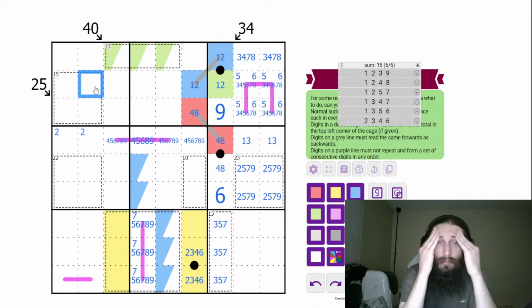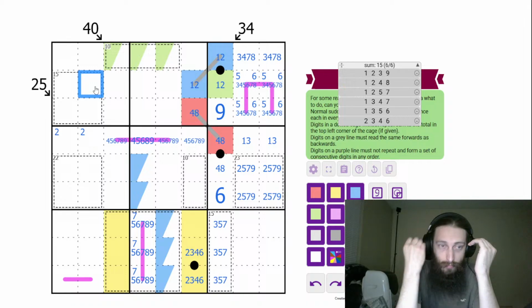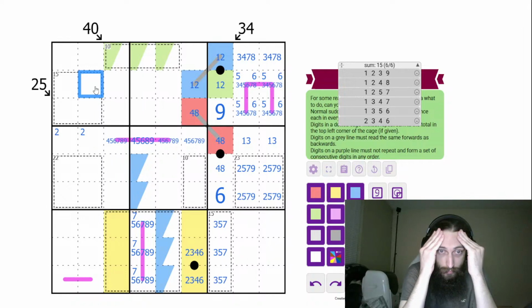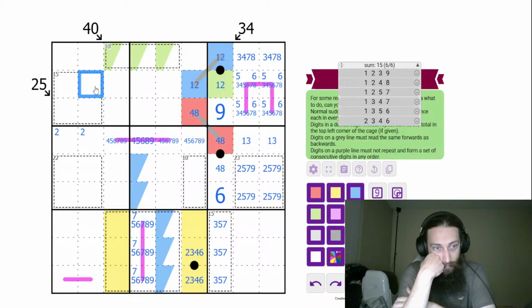Fifteen and 4. Laura Smith says we also need one of 3, 4, or 5 in the 15.